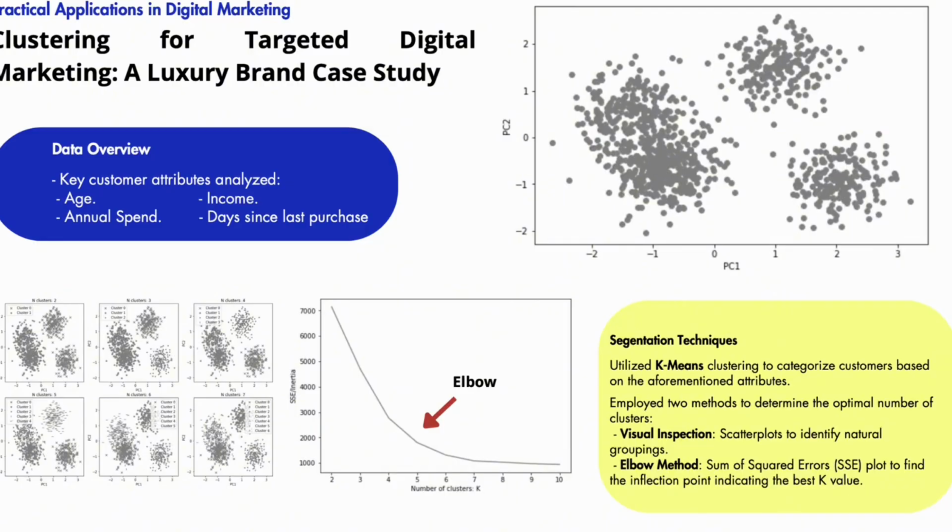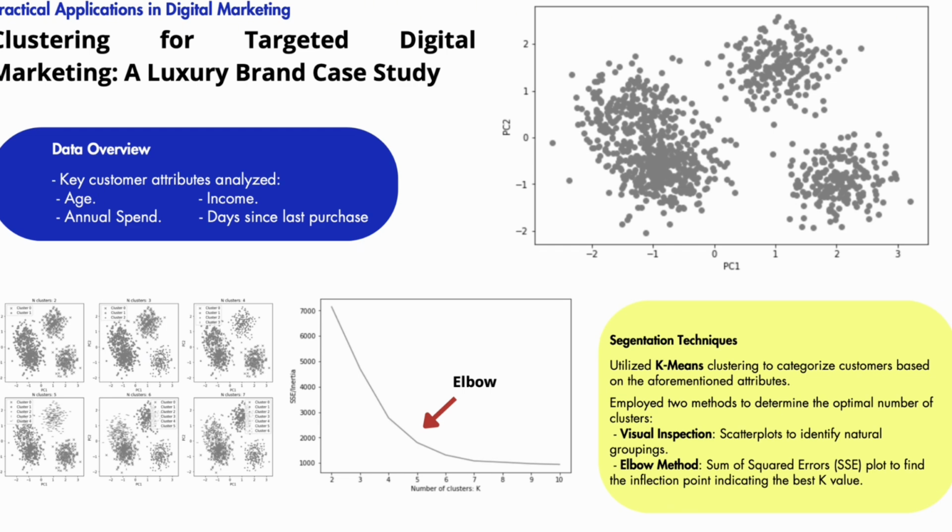Optimize marketing for a luxury clothing brand by creating customer segments based on income, spending habits, and purchase frequency. Using techniques like PCA, principal component analysis, and k-means clustering, we identify key customer groups, enabling more tailored marketing strategy. Step-by-step breakdown. 1. Data preparation. First, we standardize customer data, including income and purchase frequency, so that all variables are comparable. 2.